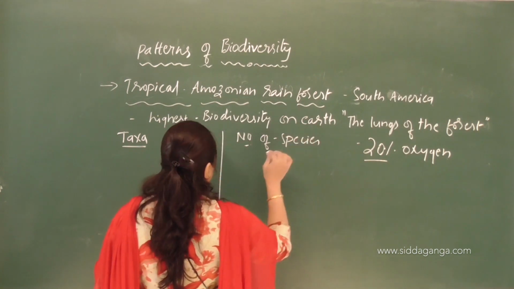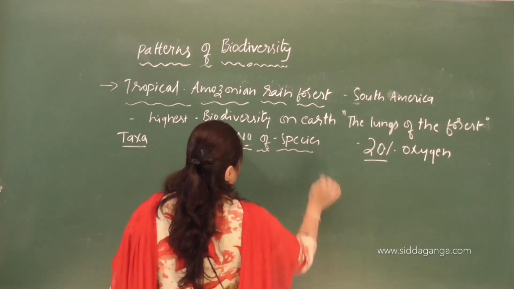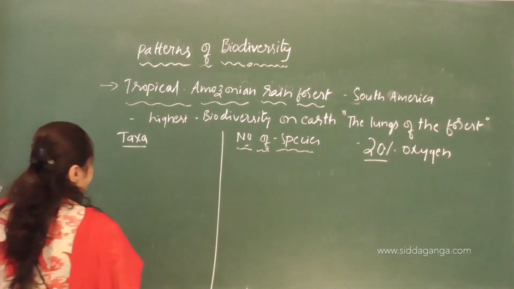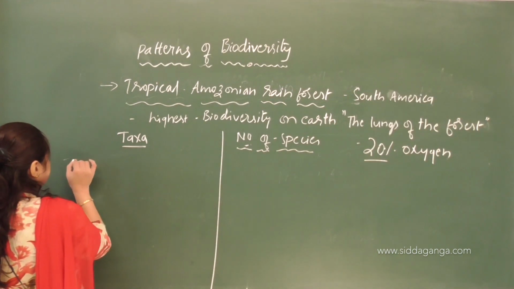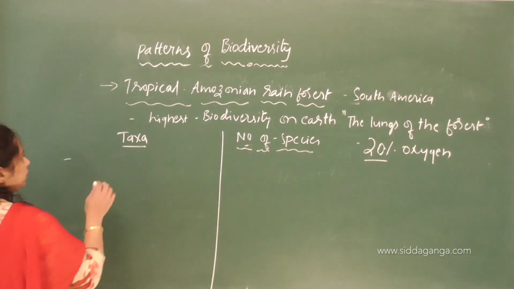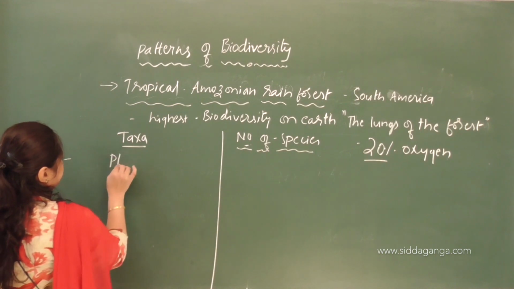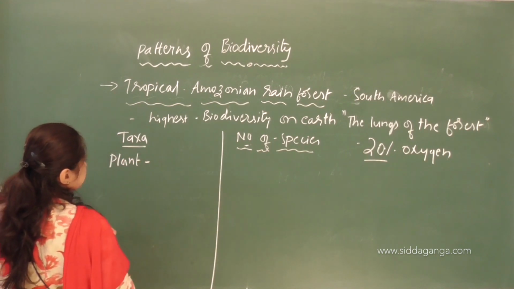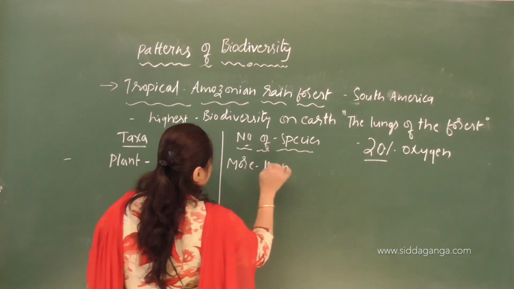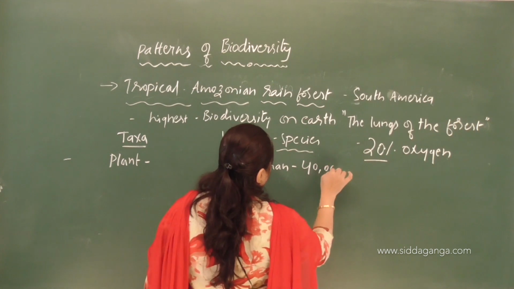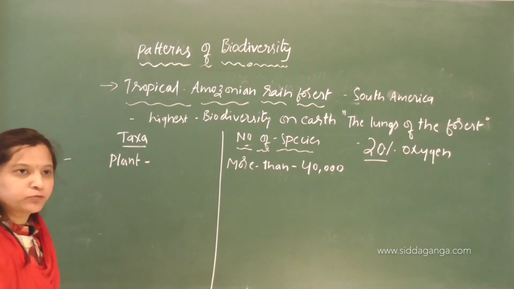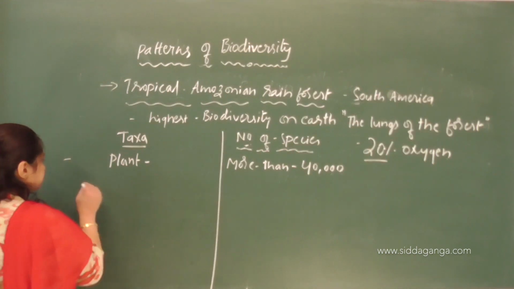It gives the total number of species in the Amazon rainforest. The number of plant species is more than 40,000.